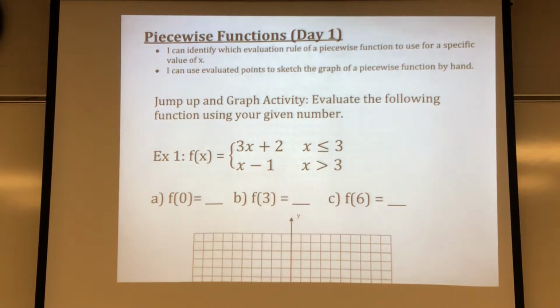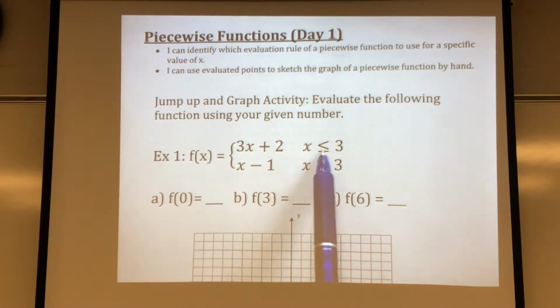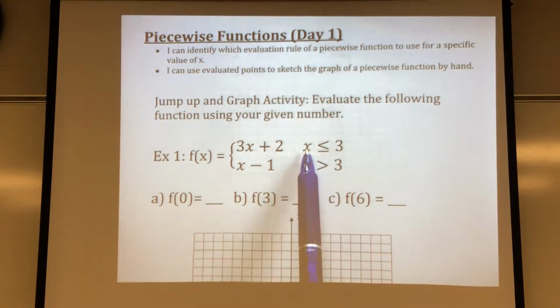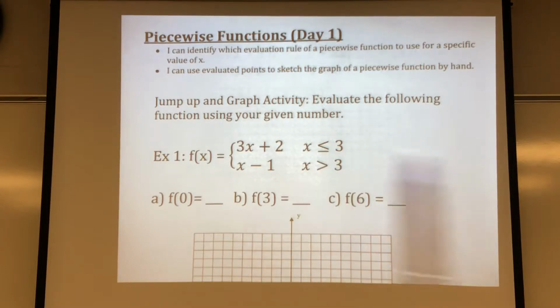So before we actually get to the graphing part, we're going to evaluate. If it says f of 0, we need to find which one of these we should evaluate for 0. Well, we look at these domain restrictions again. Is 0 less than or equal to 3, or is 0 greater than 3? Well, of course, 0 is less than or equal to 3.